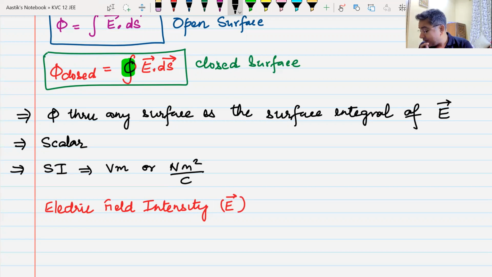Okay. Electric field intensity, the E vector that we were writing, is the electric field or electric field intensity. The number of field lines which are passing through the surface is flux. Then what is electric field intensity? How will I define the electric field intensity then?